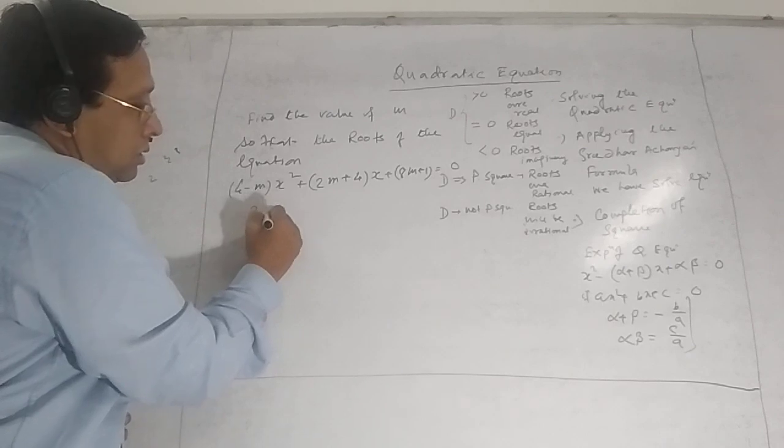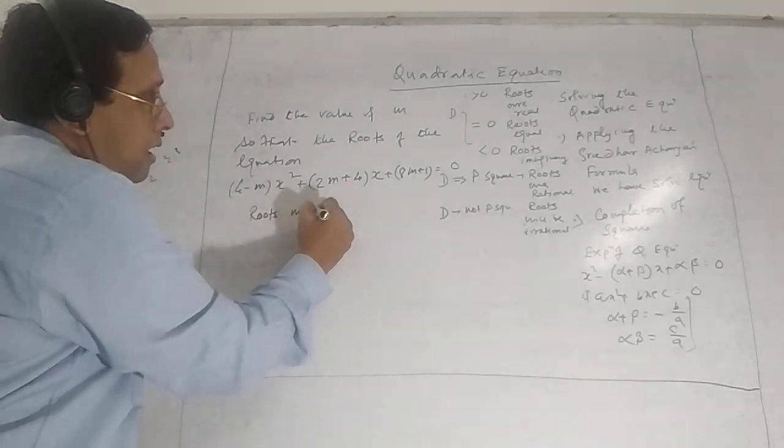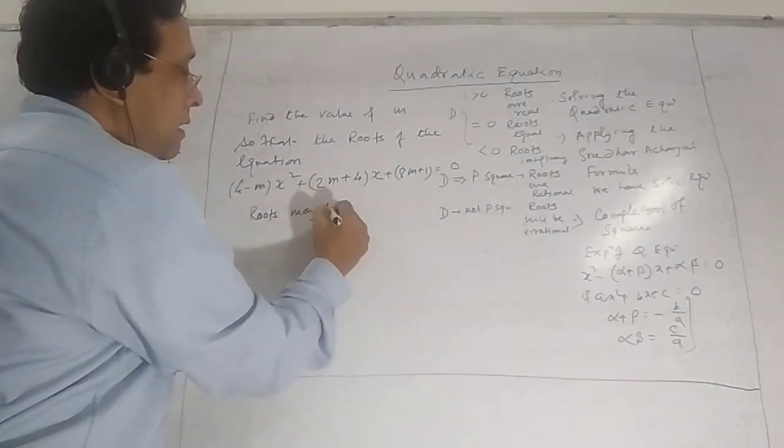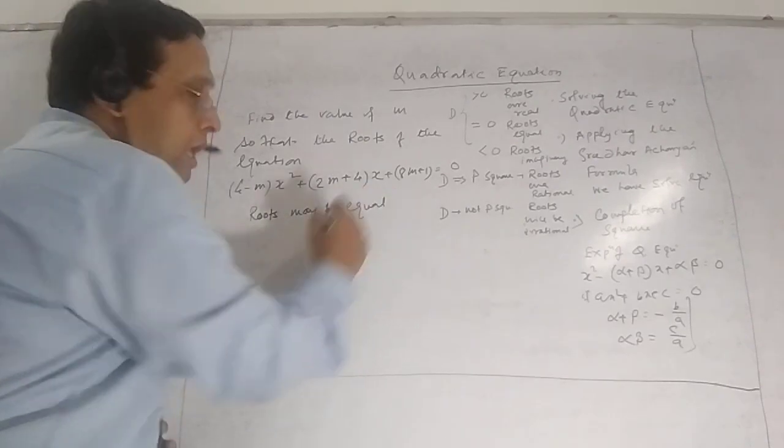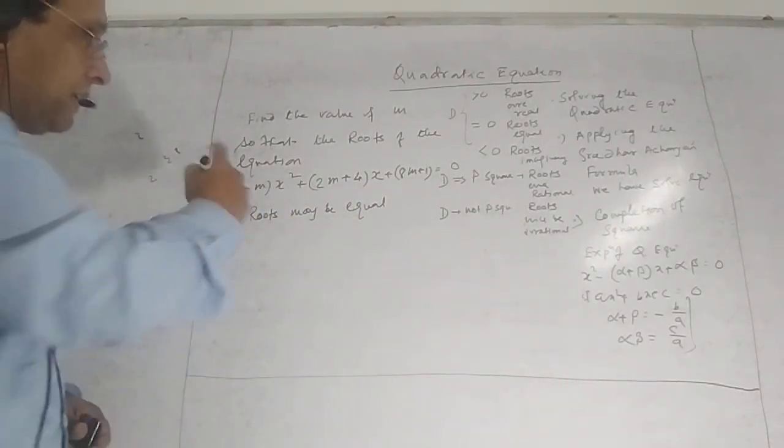Roots may be equal if the discriminant is 0.